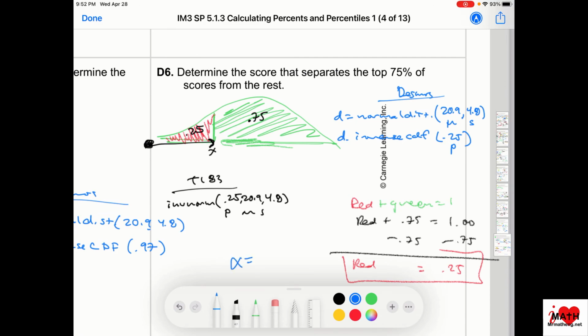X equals 17.66. Now, if you think about this, if you did it the other way around, you can use, let's just say from the TI-83, normal CDF.